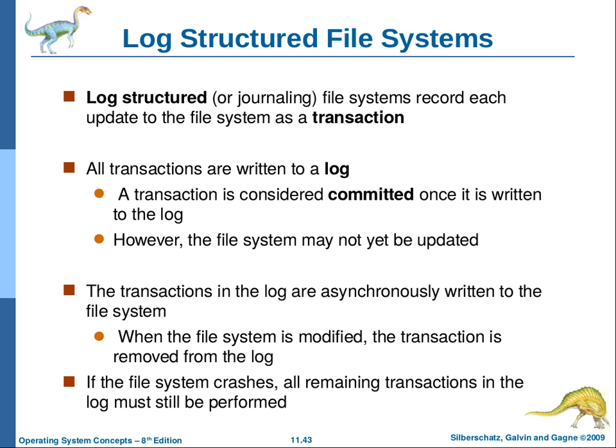Fancy, I know. All transactions are first written to a log. It's considered committed once the log has received your transaction and that has been written to the disk. Your file system may not be updated yet, but what you wanted to write to the file system has been recorded. That includes where you're writing or what you're deleting or adding, and the data itself.